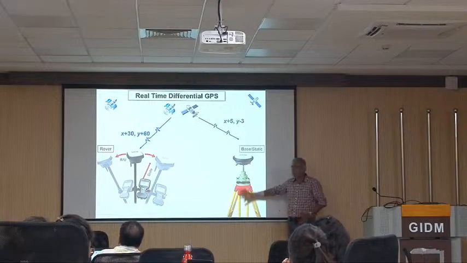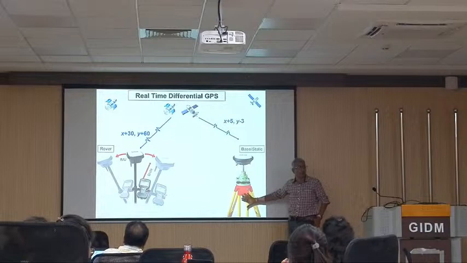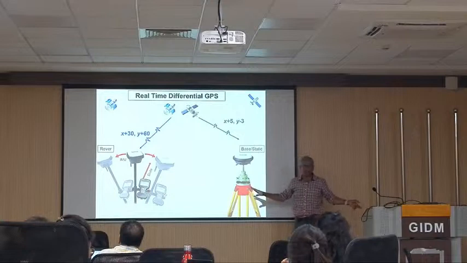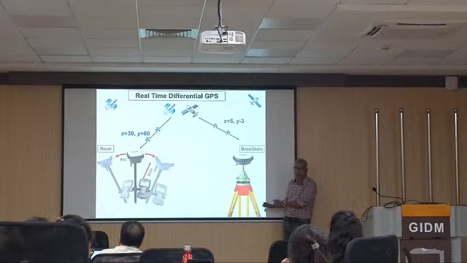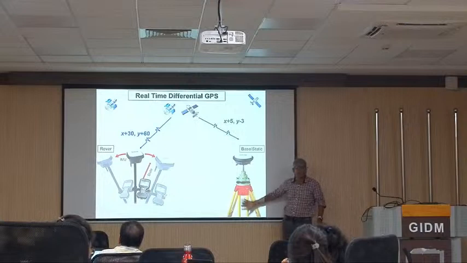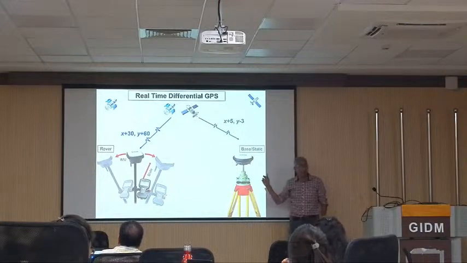Now we know the exact coordinate of this particular base station location, irrespective of the error you are getting at that particular time. Because we have kept it for 3 days, we have logged the static data and fixed it, and now we are doing the RTK survey. Now I know the precise coordinate irrespective of the error generated from the satellite in that particular moment or period.